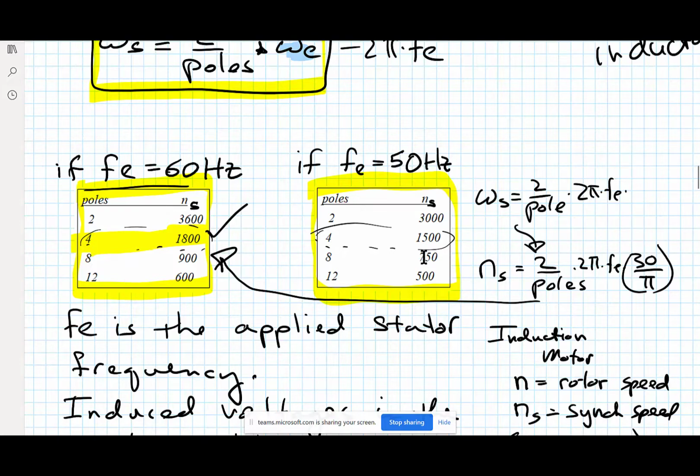If you think about efficiency as P out over P in, it's P out over whatever you're putting out plus the losses.